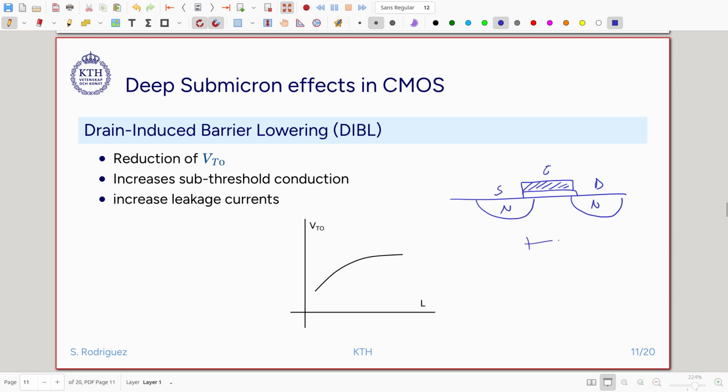When the length of the transistor becomes very small, there is threshold reduction, so it will start conducting, and charges will jump from the drain to the source. So there will be subthreshold conduction, or leakage currents, that will appear. Normally they are very small, but the problem is when we have many of these transistors, the leakage current can be very problematic.